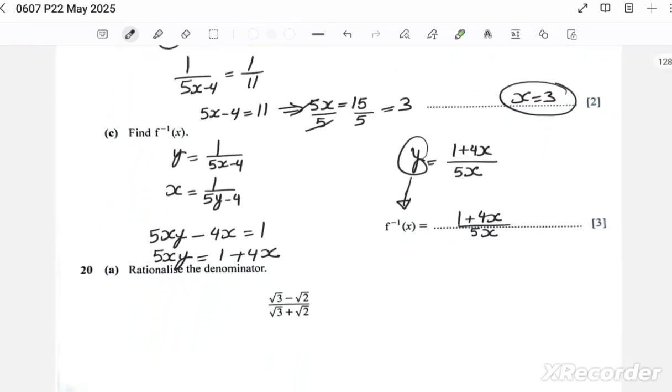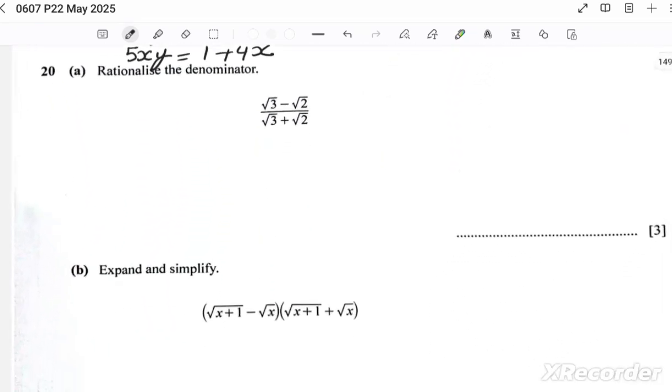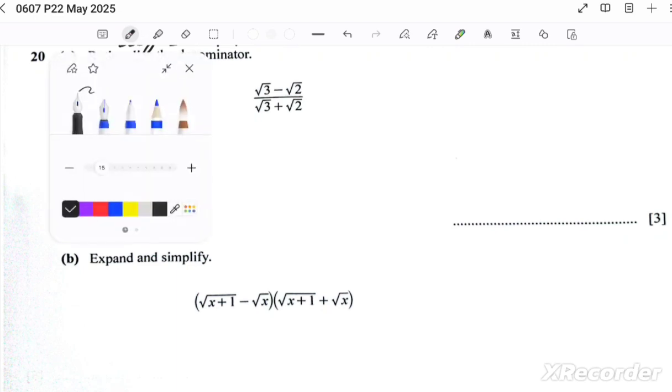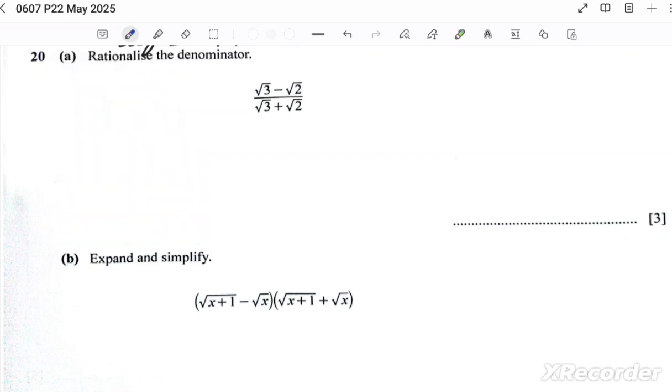Next one, rationalize the denominator. To rationalize the denominator, let's multiply by the same denominator but different sign. So square root of 3 minus square root of 2. So we'll make the same but different sign.